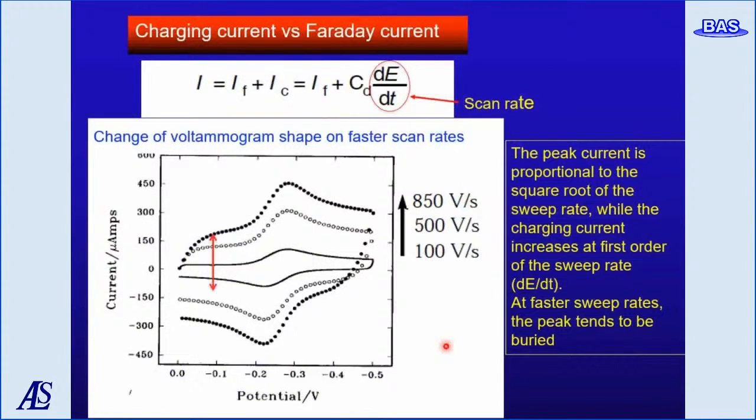In CV measurement, as the scan rate is increased, the charging current is proportional to the first order of the sweep rate, while the Faraday current varies with the square root of the scan rate. Hence, the CV peak at higher scan rate becomes buried in the background of the charging current.